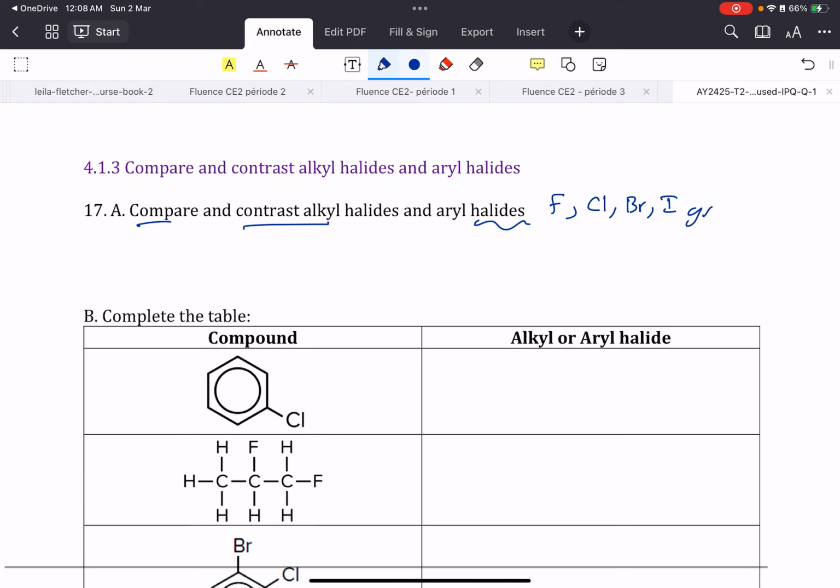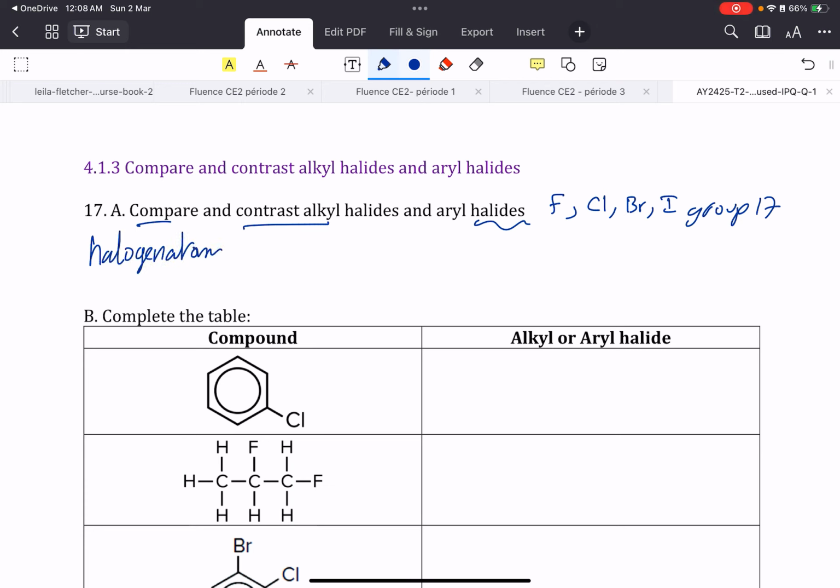These are the elements of group 17. Okay, so now alkyl halide, it's a halogen atom bonded to an aliphatic carbon chain.